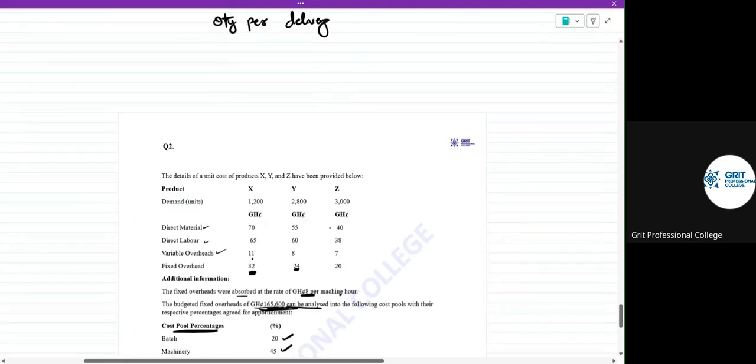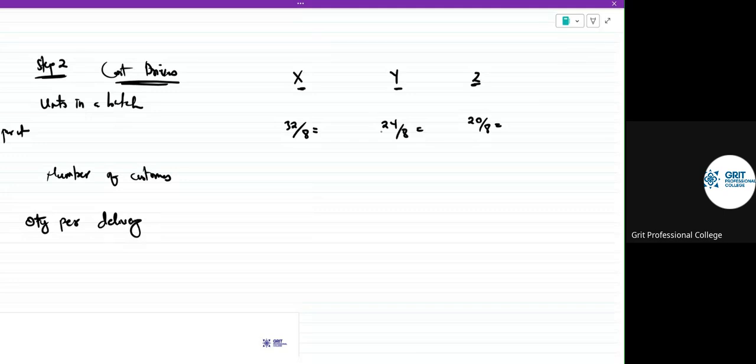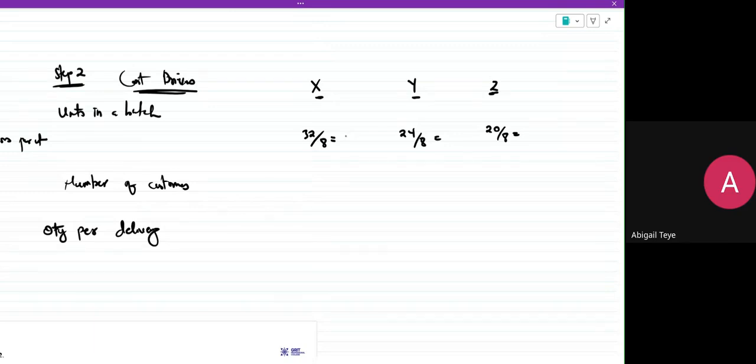And then Z will be 20 divided by 8. So what do we get for the machine hours per unit? This one will be 4 hours, this one will be 3 hours, and this one will be 2.5 hours. All right, no problem.